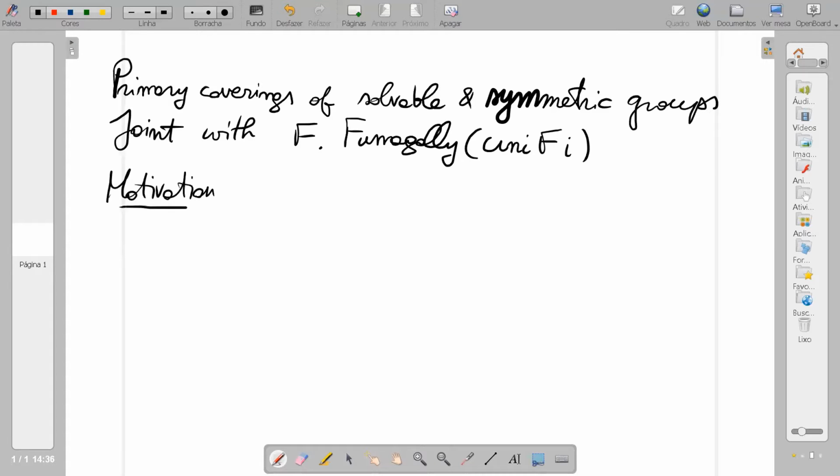The one motivation is given by pairwise generating sets.